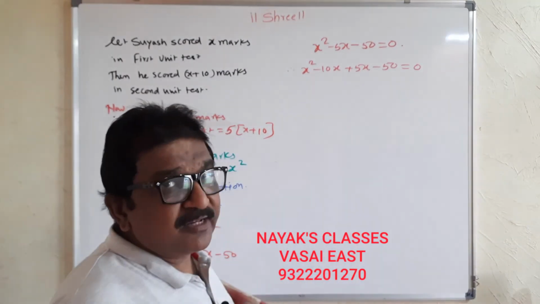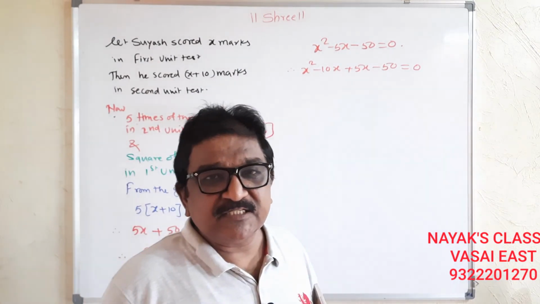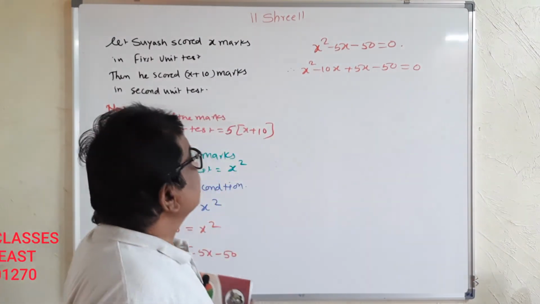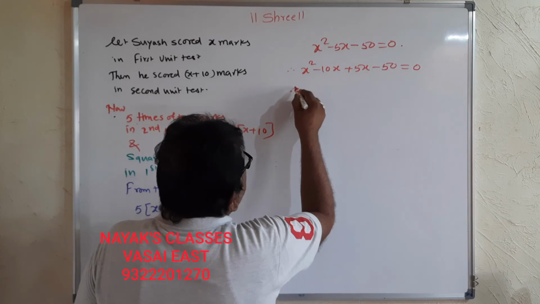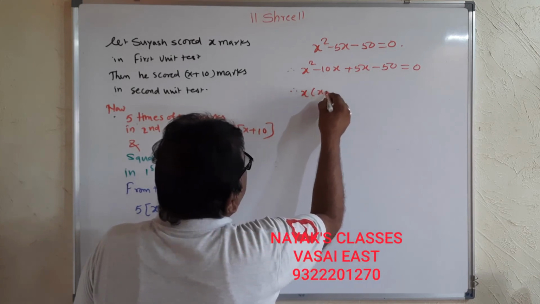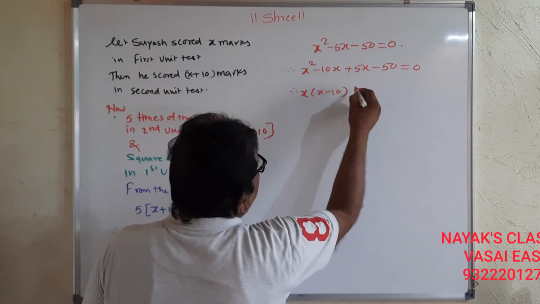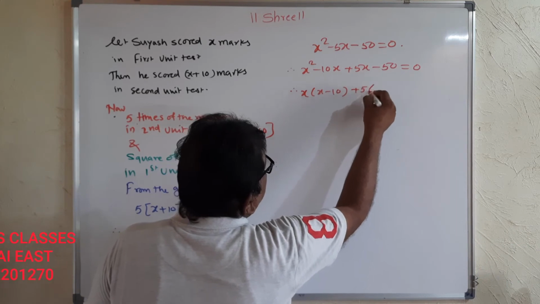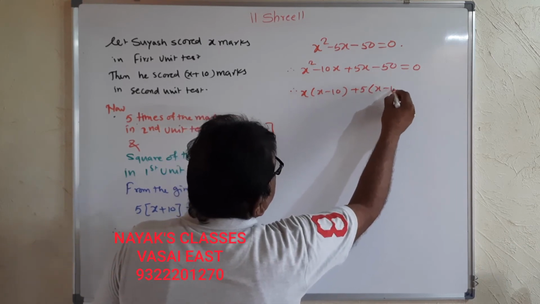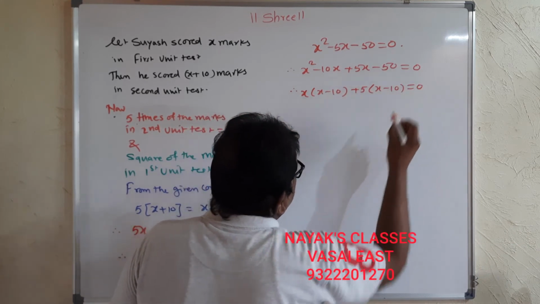This we have done in the previous exercises, splitting the middle term. Taking out x common, we got x minus 10. Taking out plus 5 into bracket, x minus 10 is equal to 0.